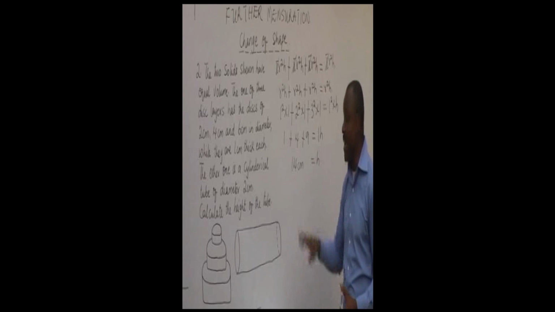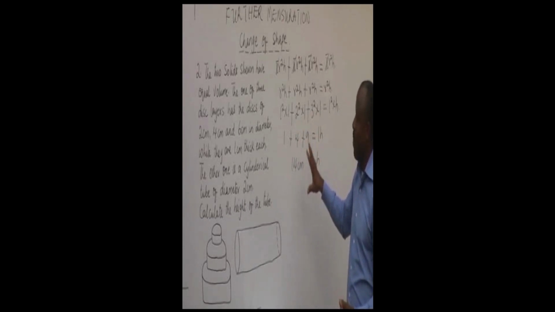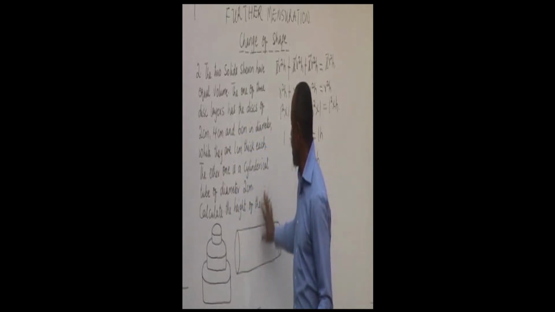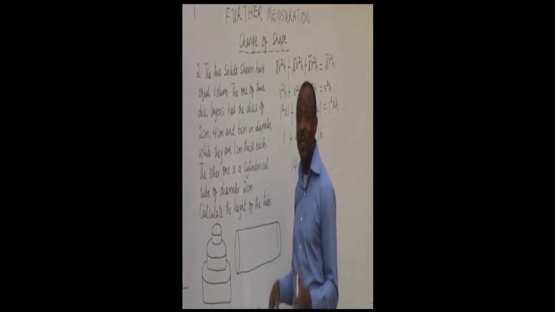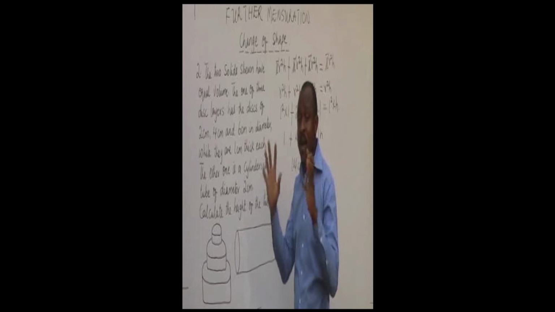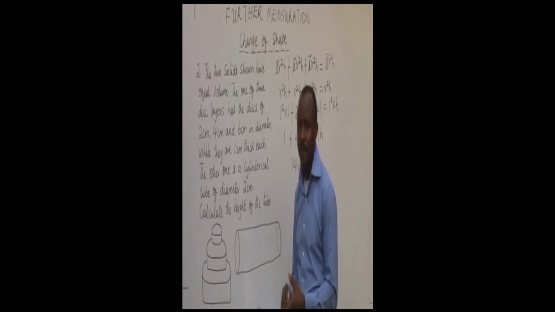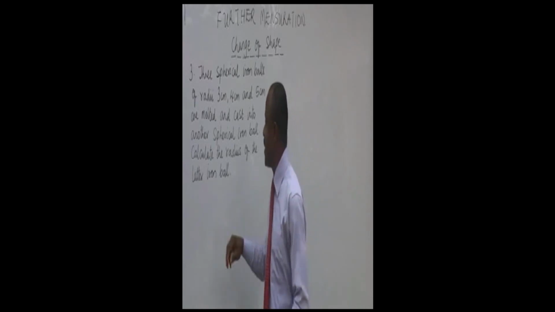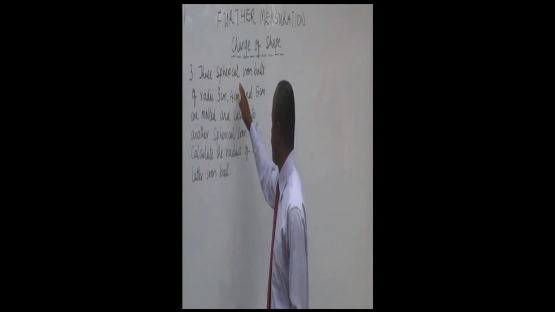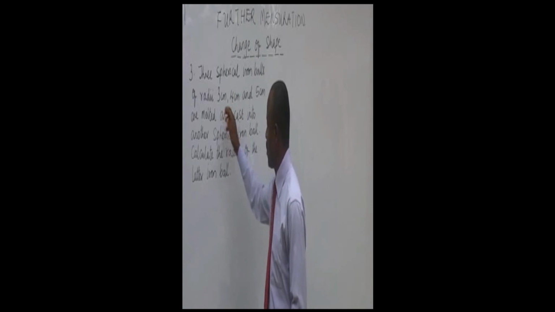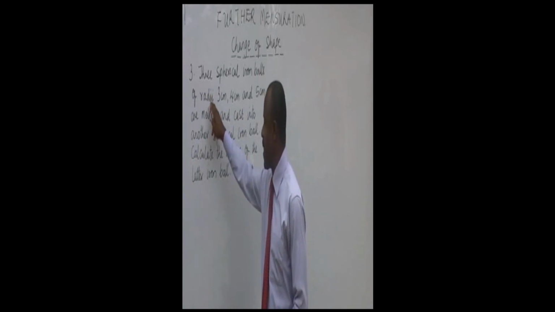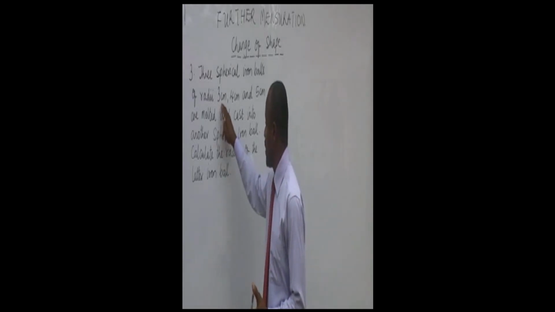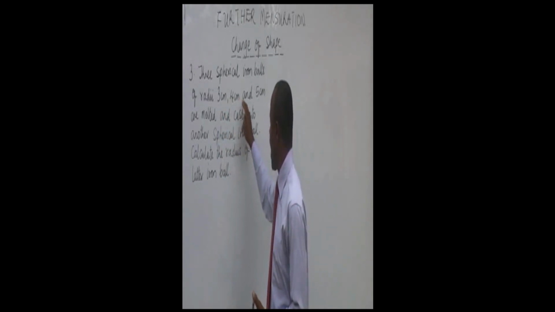You can see how easy the question is. But when you are looking at it from the question arena, it will be as if it is a very, very big something. Question number 3 says that 3 spherical iron balls of radii 3 cm, 4 cm, and 5 cm.